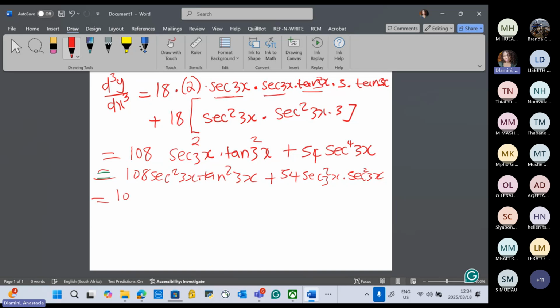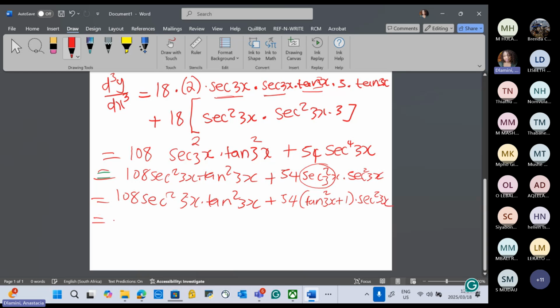So this equals 108 sec squared 3x times tan squared 3x plus, we can change one of the sec here. So this can become 54, tan squared 3x plus 1 times sec squared 3x.